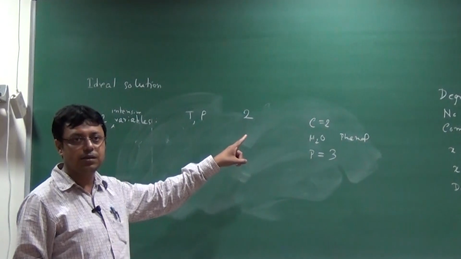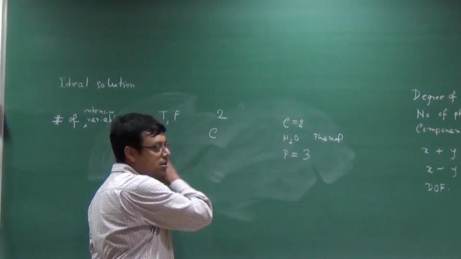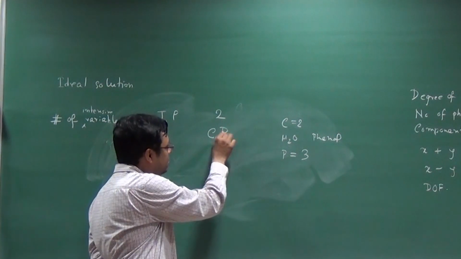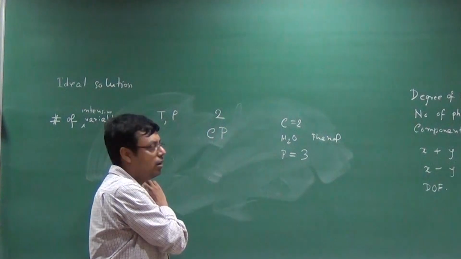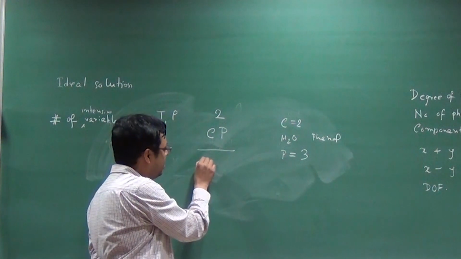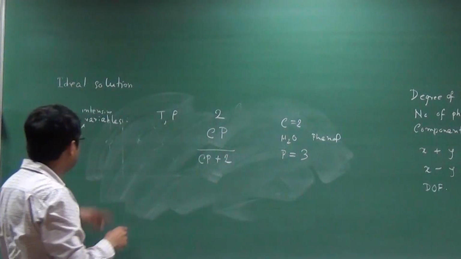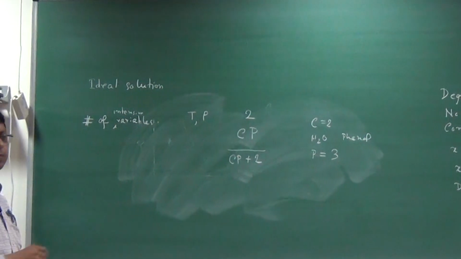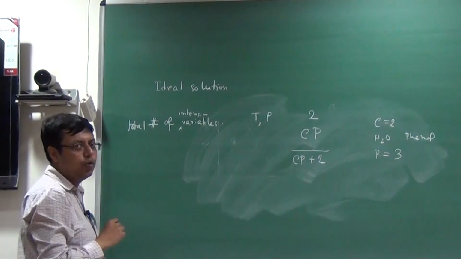So I have pressure, temperature, and then I can make a generalization that if I have C components and P phases, that will be C into P, as simple as that. So the total I'm getting is CP plus 2, which is the total number of intensive variables.